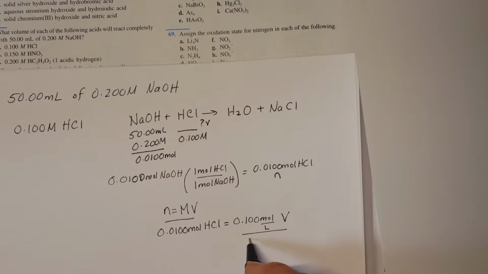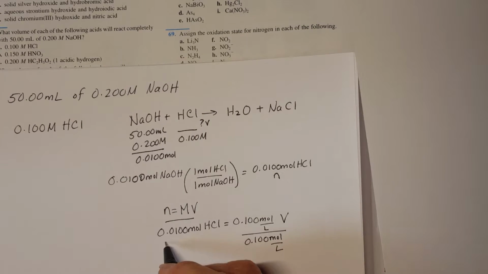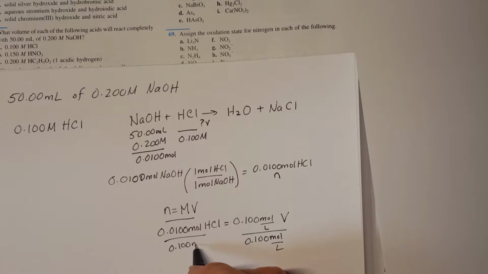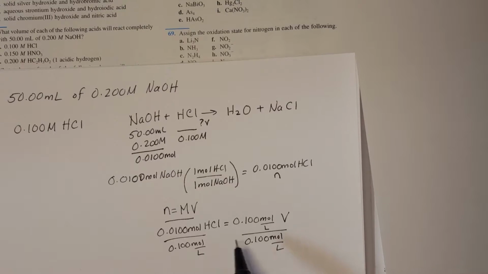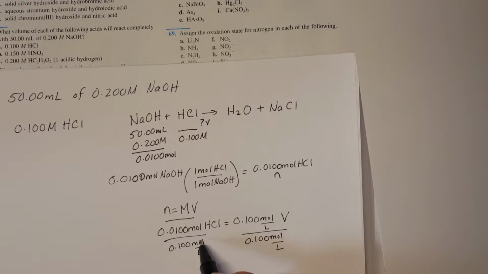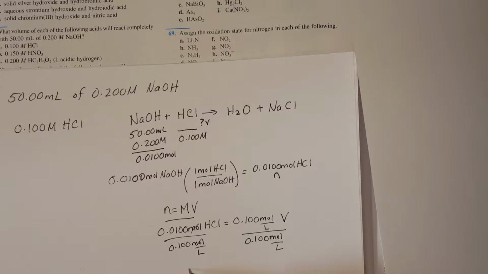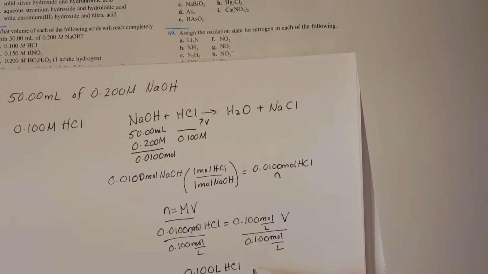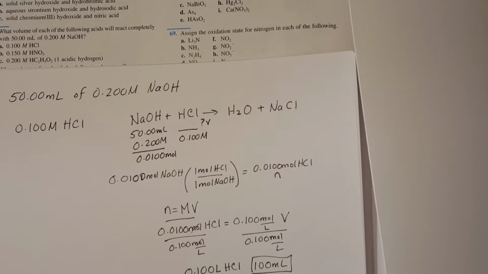So we divide both sides by 0.100 moles per liter. And when you divide by moles per liter, the moles will cancel and the liters will end up on top, and you will get 0.100 liters of HCl, which is 100 milliliters. So that's the answer to part A.